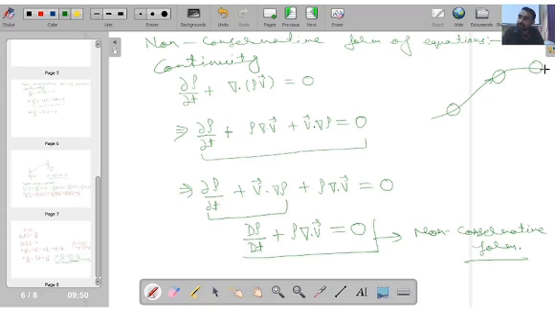So I can simply write the variation in terms of the total derivative, because it is changing its space and location with time. So I can write the variation completely in the form of total derivative. That is the reason this is also called the Lagrangian form of the continuity equation.